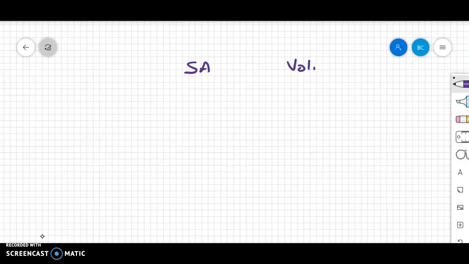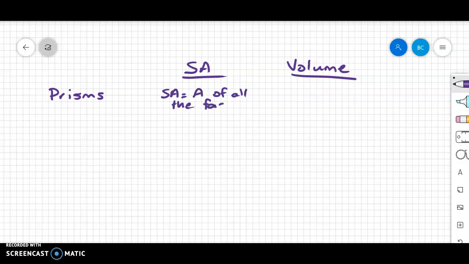So again, I'm going to suggest that we start with just summarizing surface area and volume for the different solid shapes that we're working with. When we're looking at prisms, we've got rectangular prisms and triangular prisms. You guys really didn't have questions about those, but we know that the surface area is going to be the area of all the sides, of all the faces, added together.